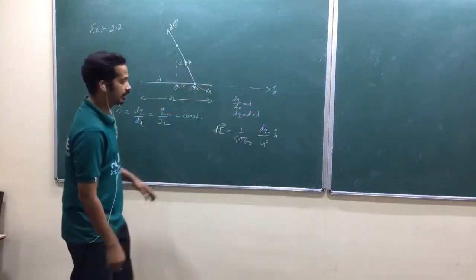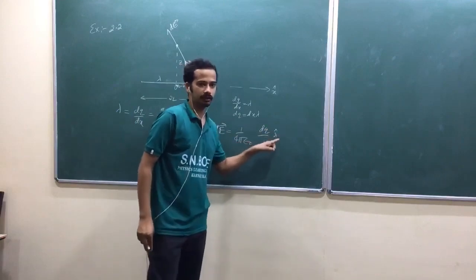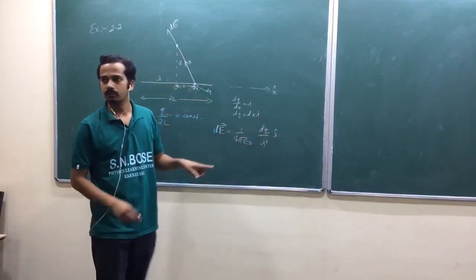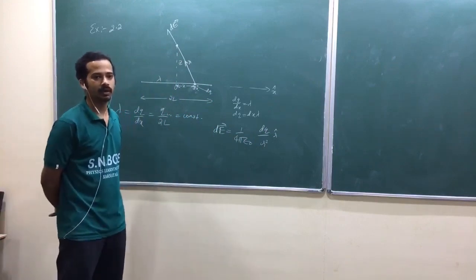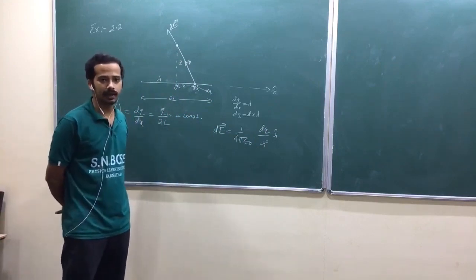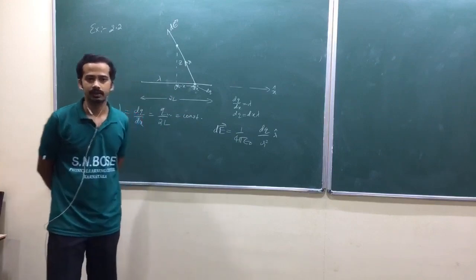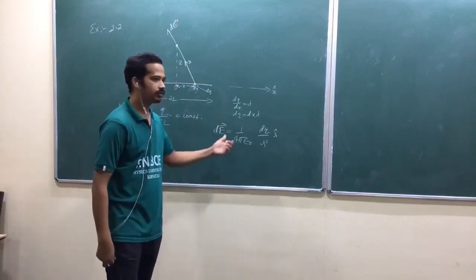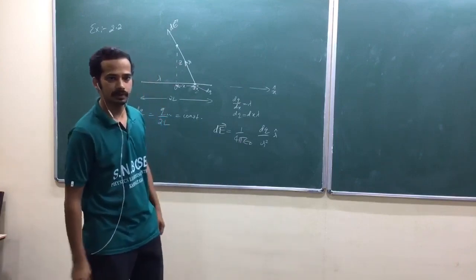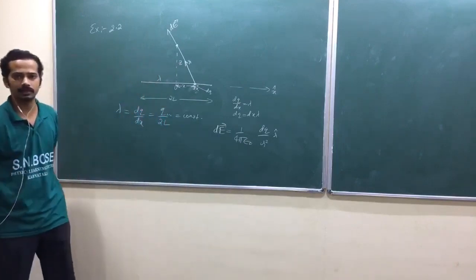That idea is needed. Whenever you end up with a vector in an integration which is variable, convert that vector into a constant vector. You can't add up those vectors when you have continuous integration. Are you getting my point? You can add up scalars, you can have scalar integration.